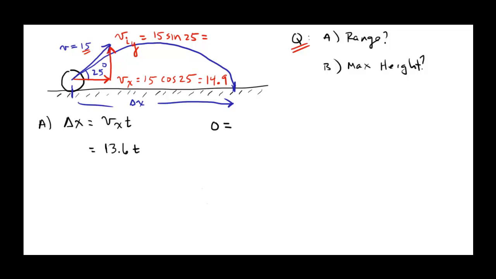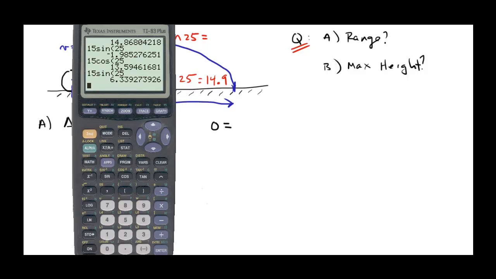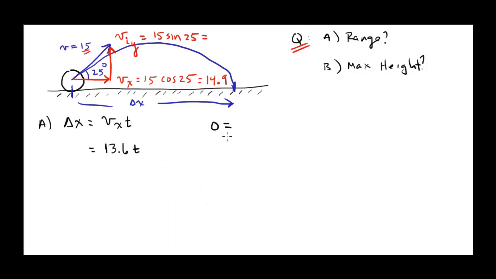And this is 6.3. 13.6, did I do that right? Yeah, 13.6, and this is 6.3 t minus 4.9 t squared. How do I solve this?